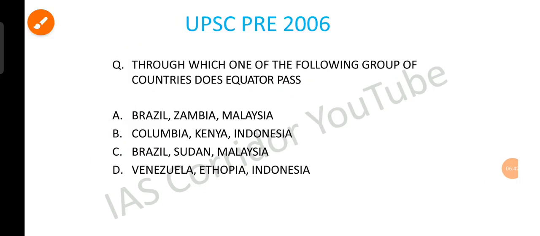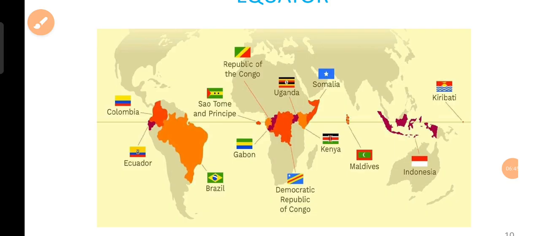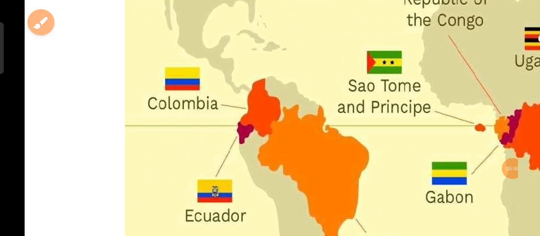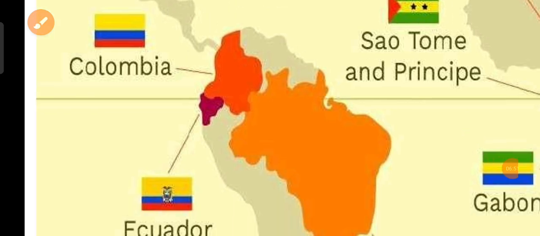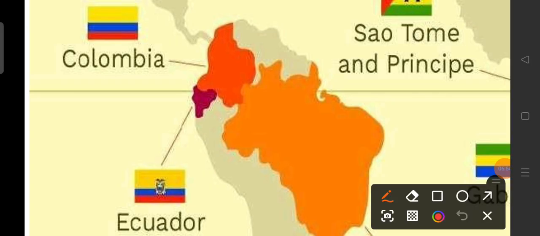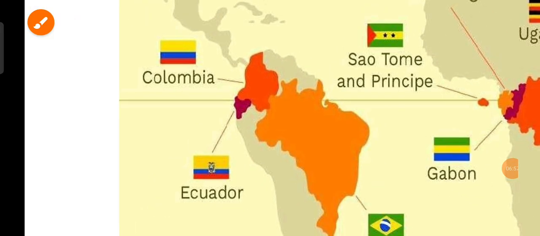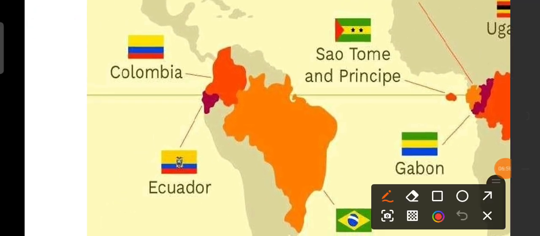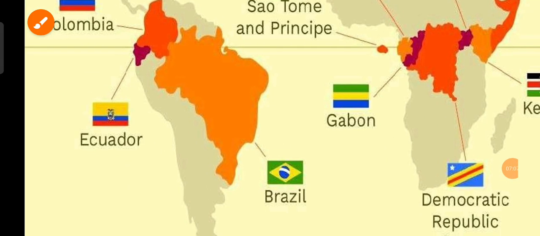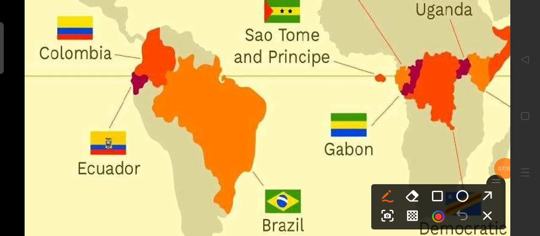So first we see the diagram where we see the countries' names. In South America it is first, look, this is Ecuador, then Colombia, then you move further and see Brazil.